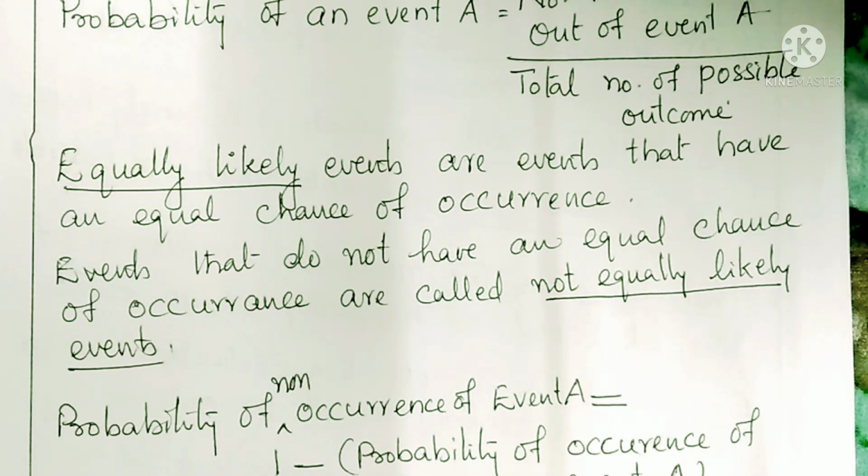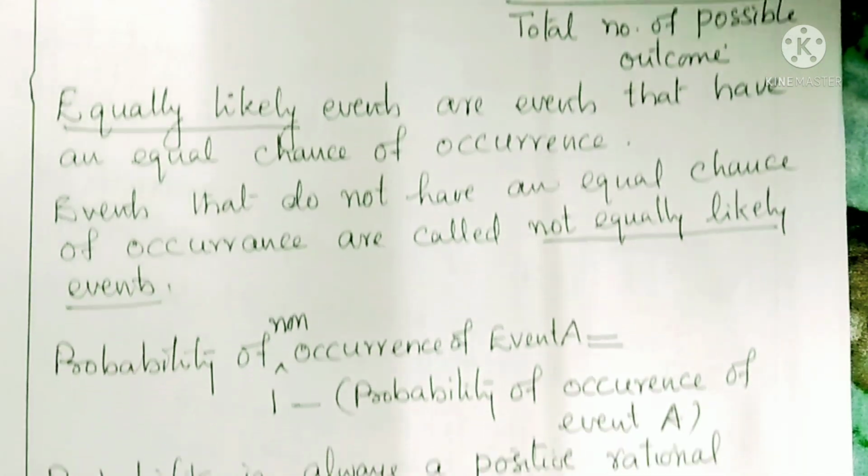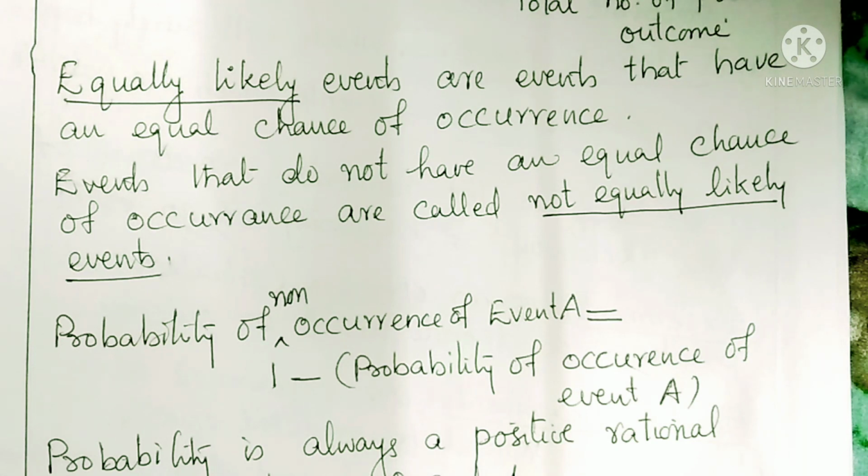Did you understand? If you have two different numbers of things, one more and one less, whichever is more has more chance of being picked, and whichever is less has less chance.